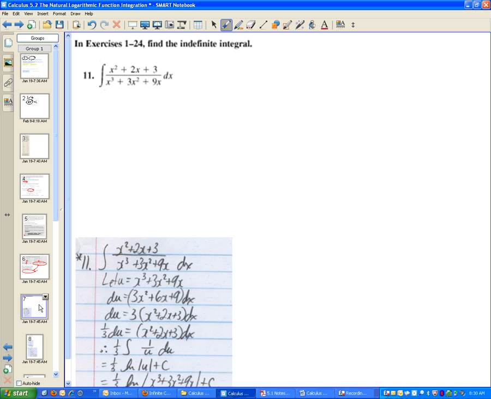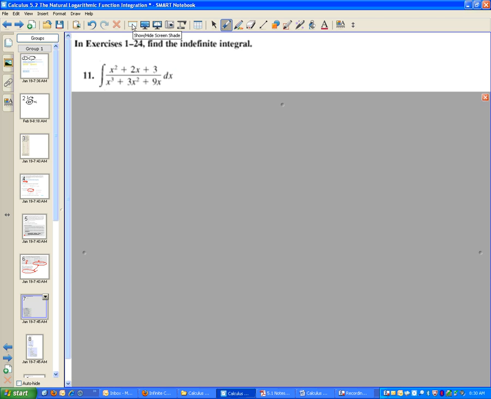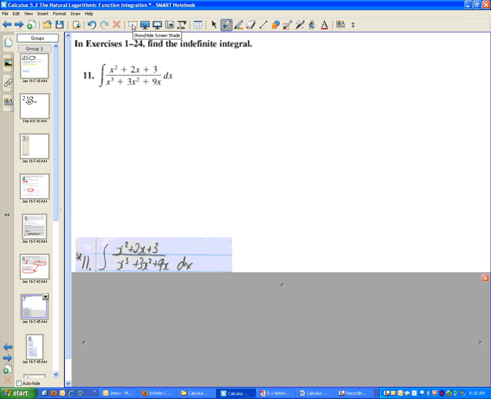Let's do some examples. Page 338. We'll begin with number 11. The directions are really complicated here.